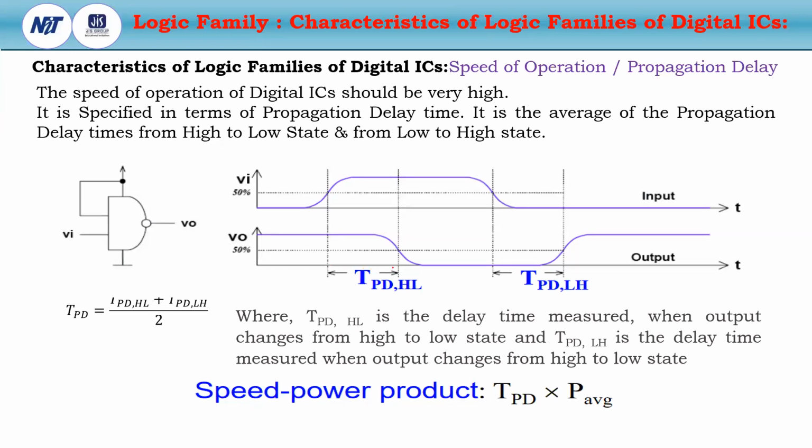The propagation delay is the average of these high to low and low to high propagation delays. So tPHL is the delay time measured when the output changes from high to low, and tPLH is the delay where it is low to high. This is very important for any competitive exam, the propagation delay. The speed power product will be the propagation delay and the average power.